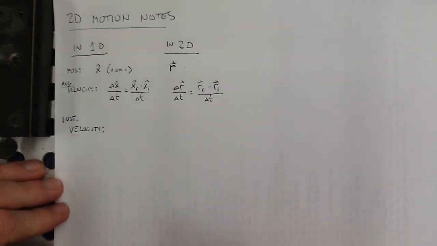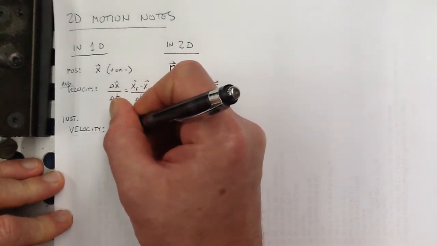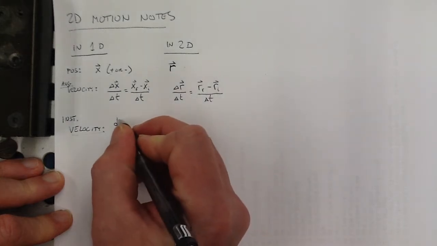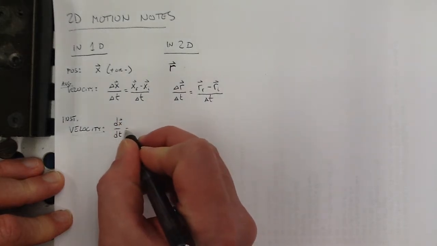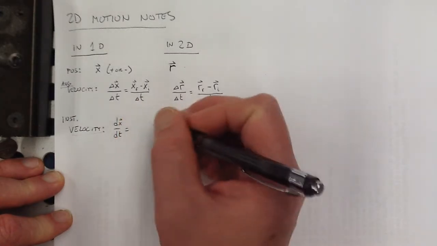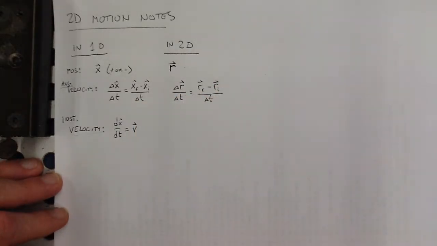This is the default, and that is dx dt. Now, we never wrote this with a vector hat on it, but it doesn't change anything about how we do the calculus.